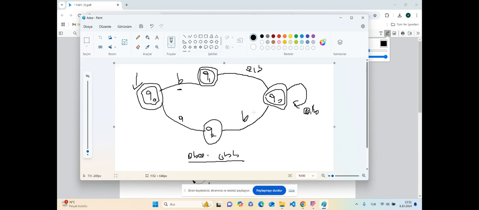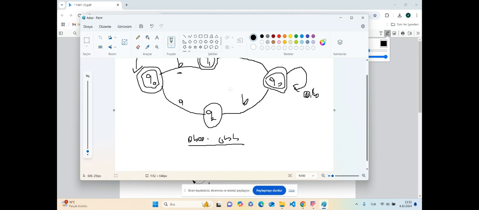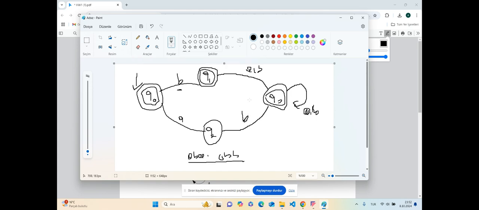We have here key transitions. What are the three key transitions here?